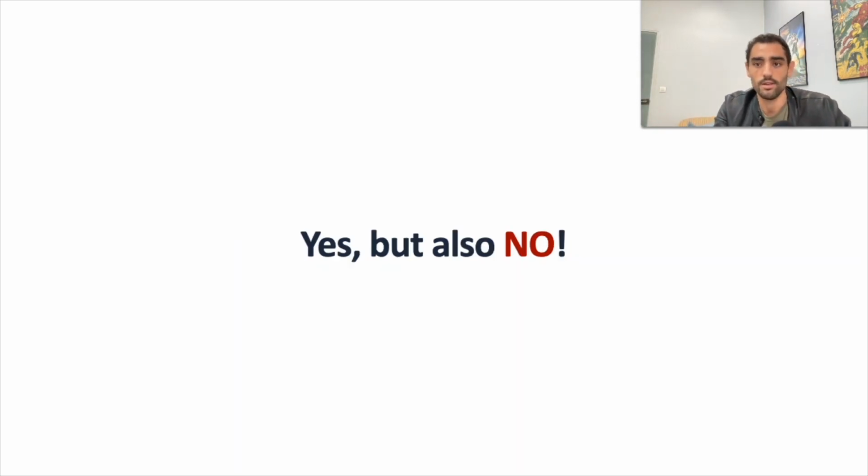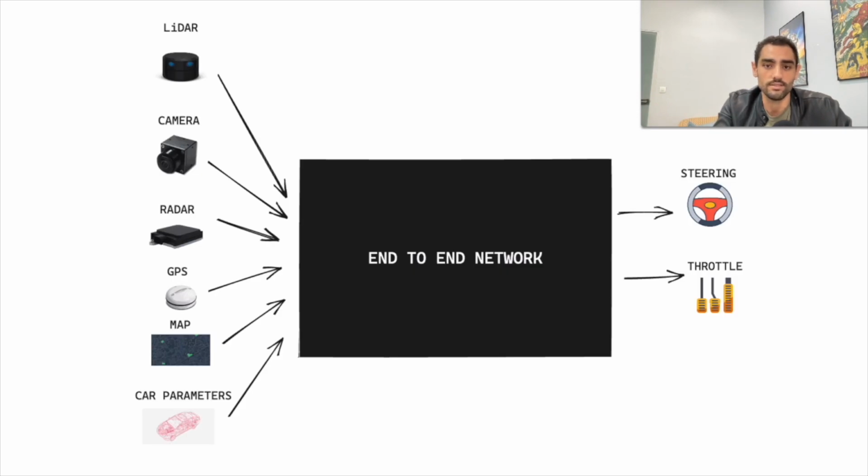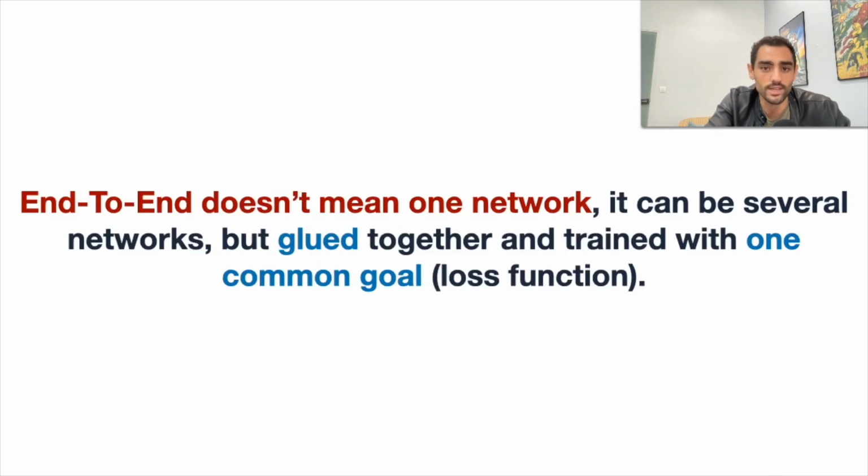The misconception is that an end-to-end network is just this, and that's actually from my blog when I was trying to explain end-to-end. It's a misconception, but also a correct assumption. It's like input, model, output, and not input, model one, output, model two, output, model three, output, etc. But this model is not just one network.